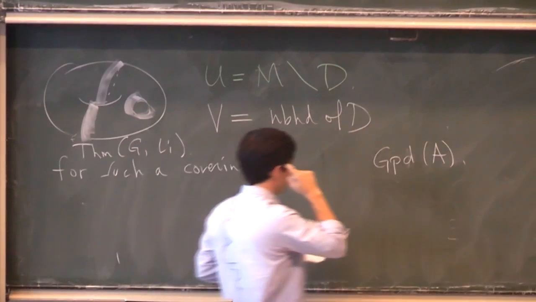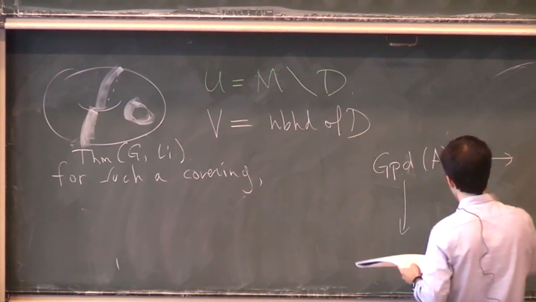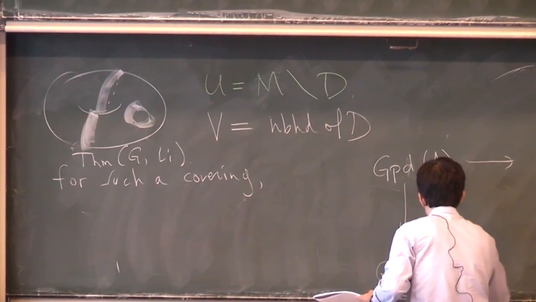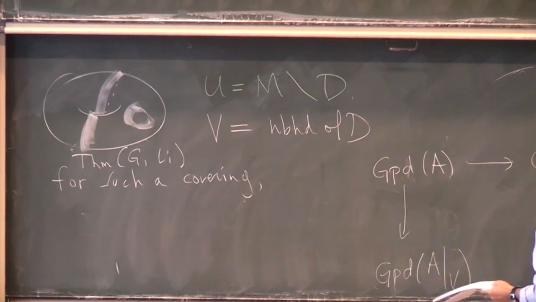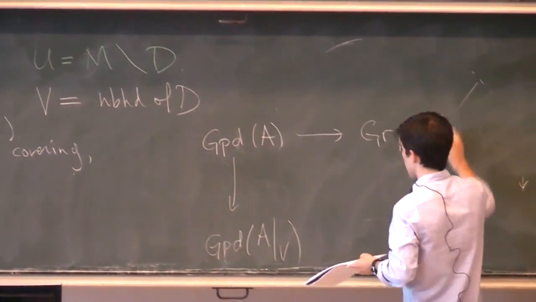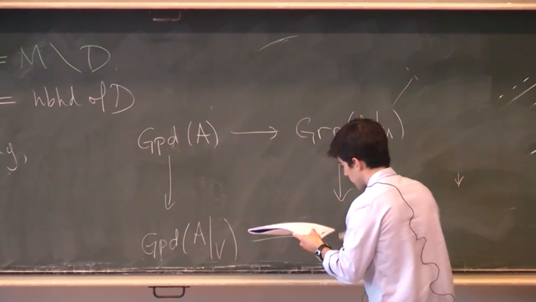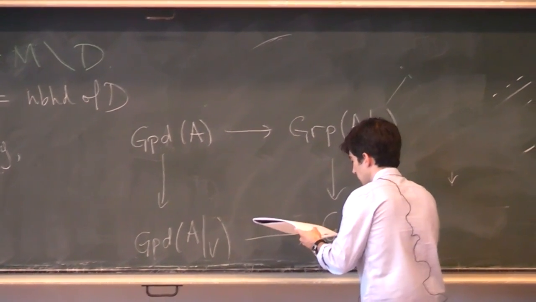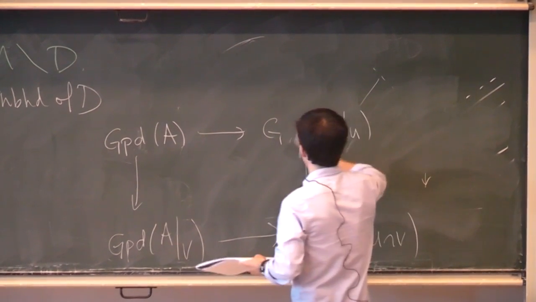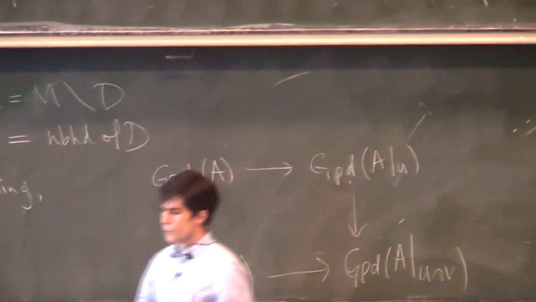For such a covering, the category of groupoids, or the lattice of groupoids, can be described as a fiber product of the integrations separately on U and V, as long as you make sure that they agree on the overlaps U intersect V.